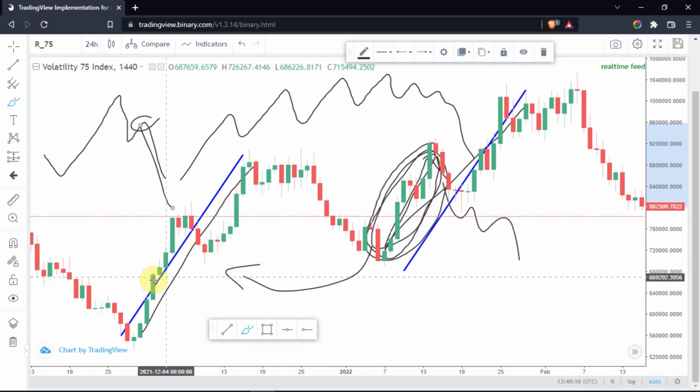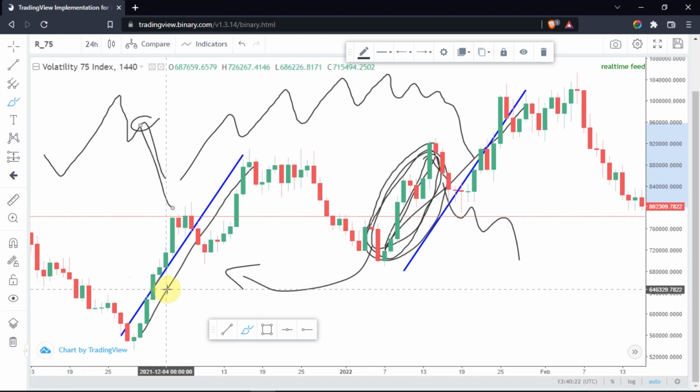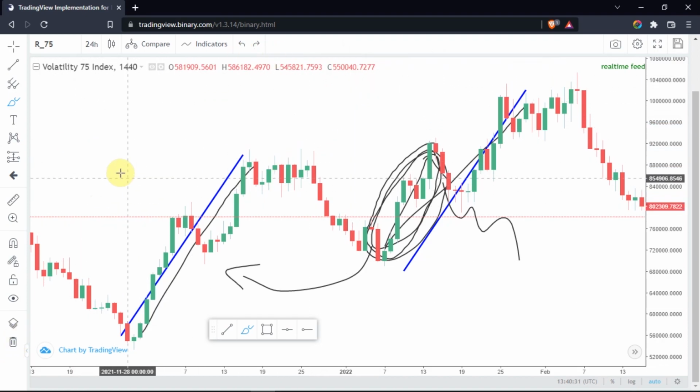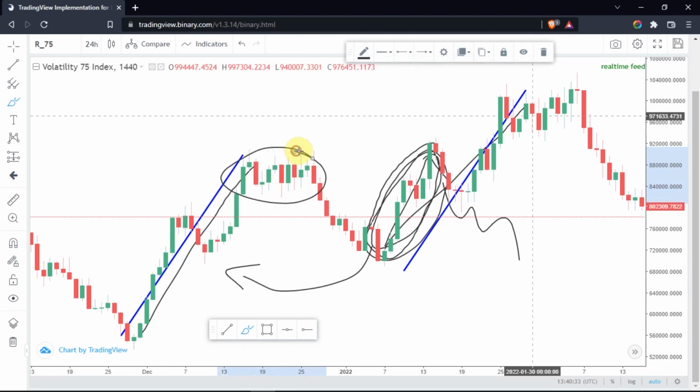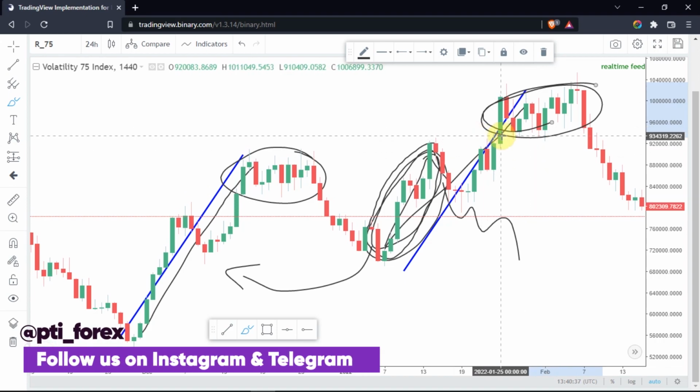So once you identify that the impulsive wave is now matured, it is important for you as a trader to pay attention to what is happening on the high. Let me just erase the previous things. So it is important for you to pay attention to what is happening on the highs of that particular impulsive wave.